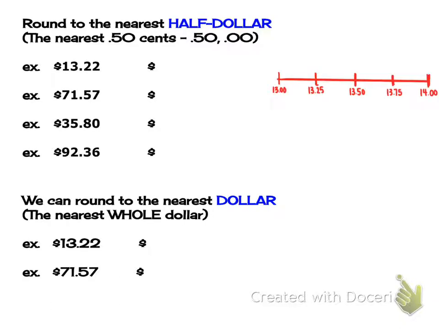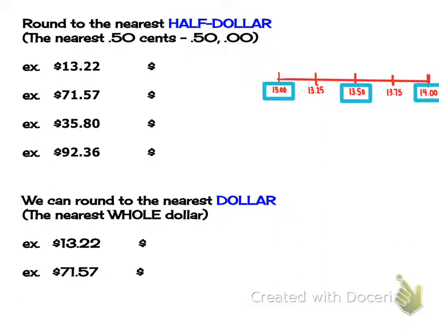Okay, so let's look at this chart I drew on the side. We want to think about the half dollar in relation to quarters. What we're trying to figure out is if it is closer to 13, 13.50, or 14. Those would be your half dollars. Okay, half dollar is 50 cents.